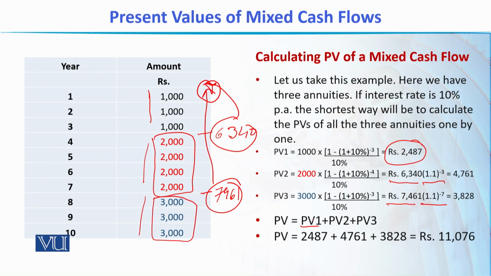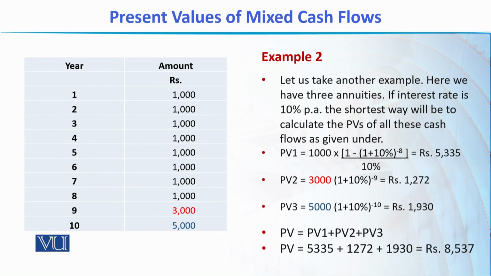So this will be the sum of present value of first, second and third annuities, and ultimately we get the total present value of the mixed cash flow, which is 11,076. So if I calculate, we had to apply the formula 5 times. First 3 times to calculate the present value of annuities, and then to discount those present values of second and third annuity in order to get all the values at point 0.